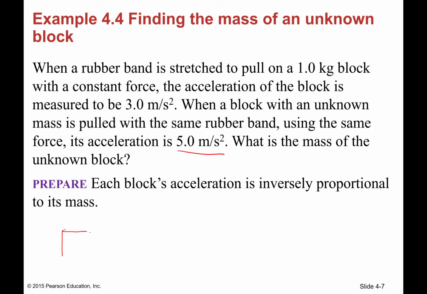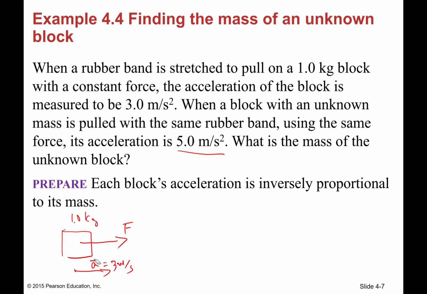We have a block, and we know the mass of this one is 1 kilogram, right? And then we applied a force F, right? And when we do that, we find that there is an acceleration on this object, A, which is equal to 3 meters per second squared going to the right.